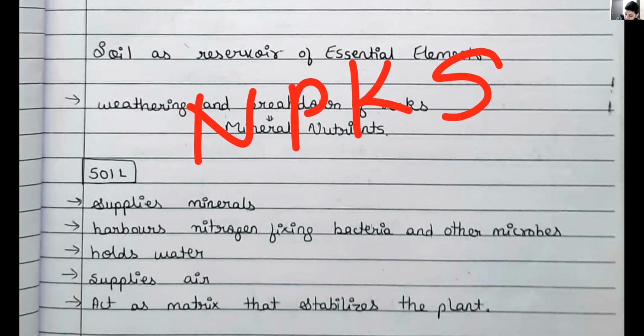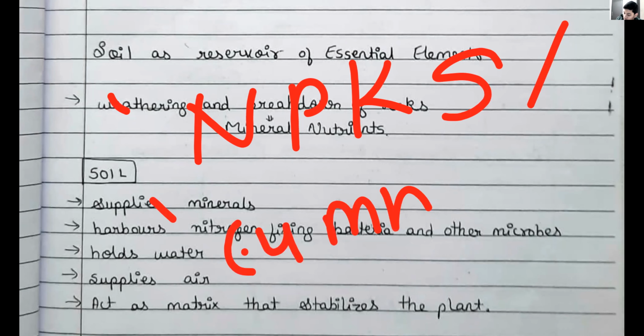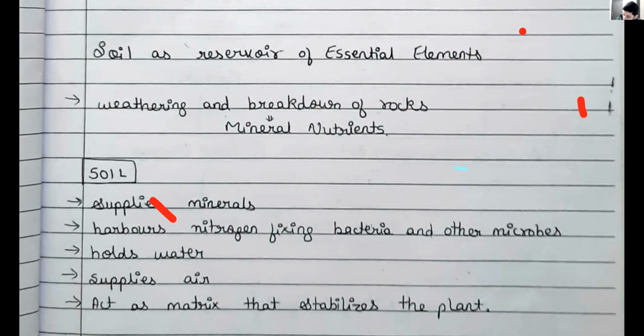So remember, NPKS is the macronutrient fertilizer. Micronutrient fertilizer includes copper, manganese, iron, and zinc. These four form the micro element fertilizer.